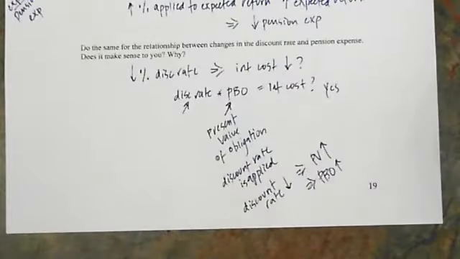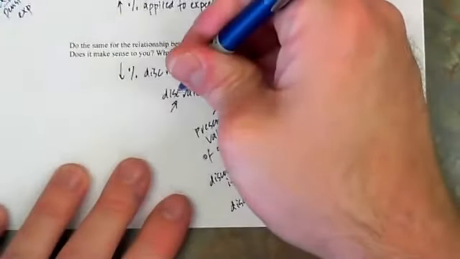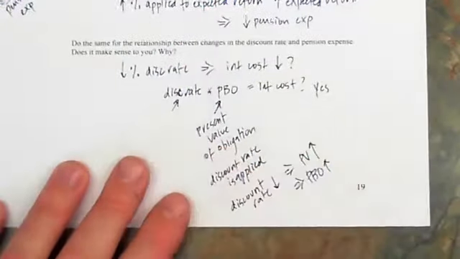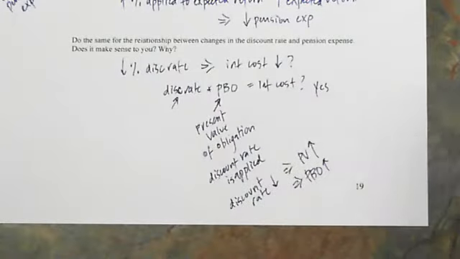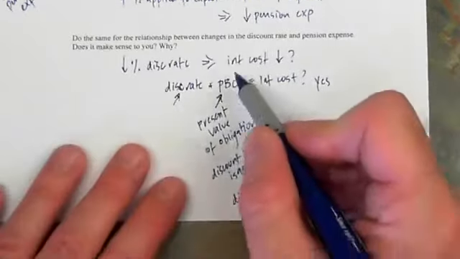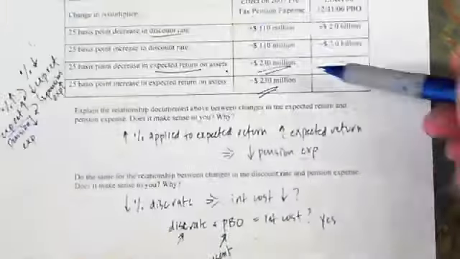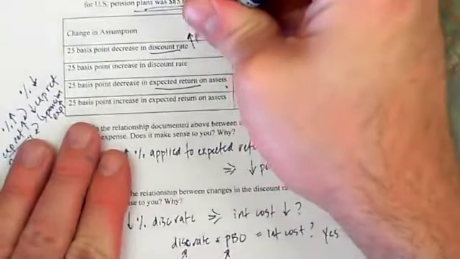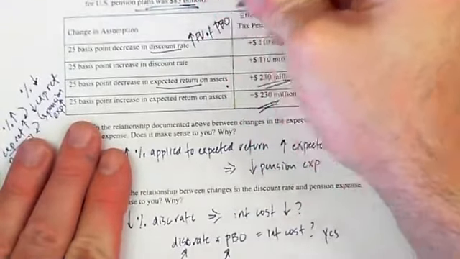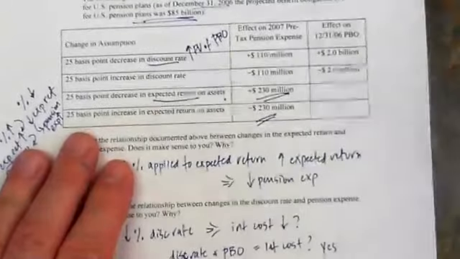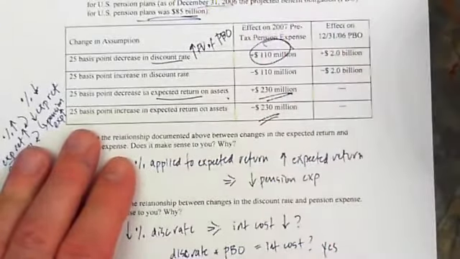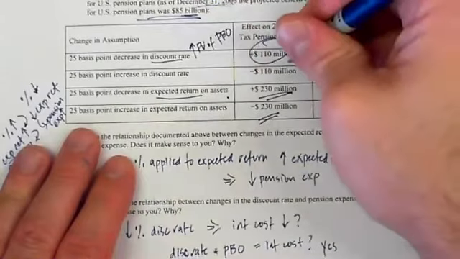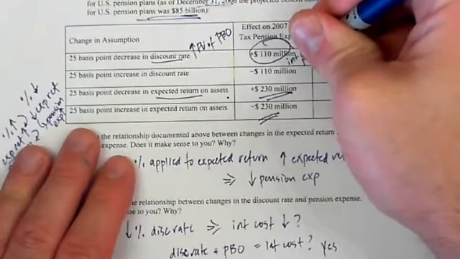The effect of the PBO increasing will far outstrip any amount that decreasing this would have on interest cost. So the change in the PBO is what rules here. If there's a 25-point decrease in the discount rate, this drives up the present value of the PBO, which actually makes it so that there's an increase in pension expense stemming from interest cost rising.